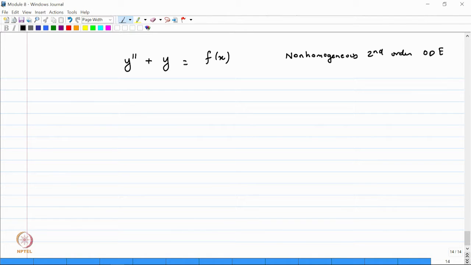Let us say this is defined for, I mean you can choose whichever interval.